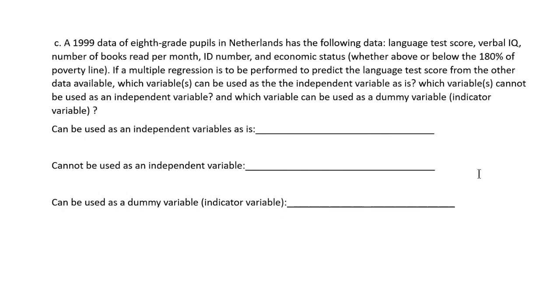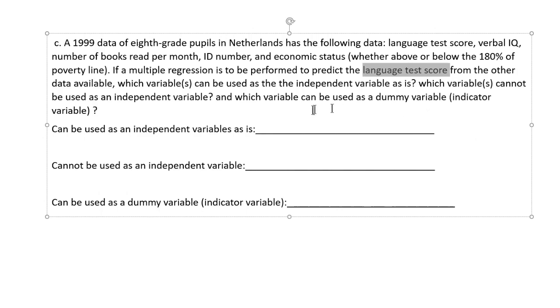Now, we're trying to predict the language test score, so that's the value of y, and therefore it cannot be the predictor. You can't use language test score as one of the predictors. That's out of the question.